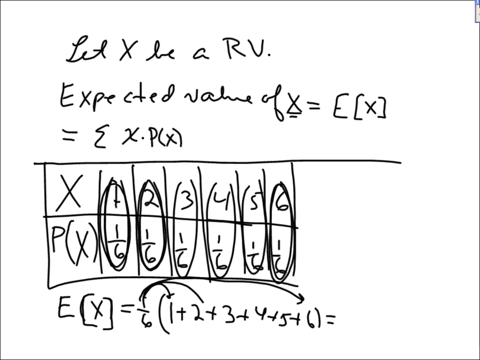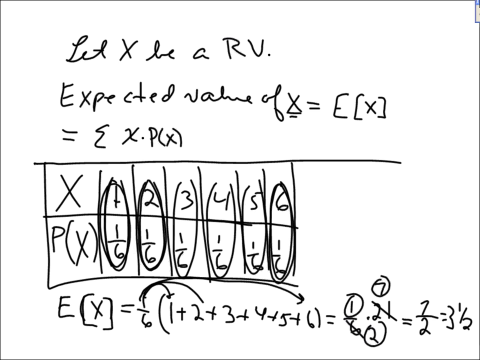And this is 1/6 times, when you add up 1 through 6, I guess you get 21. 3 goes into 21 7 times, 3 goes into 3 once, so 7 divided by 2. You expect to get 7 over 2, or 3.5.